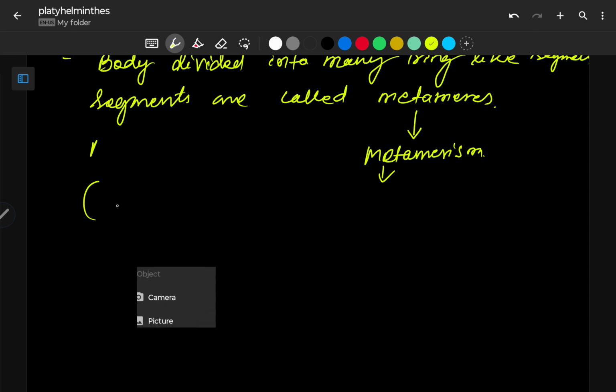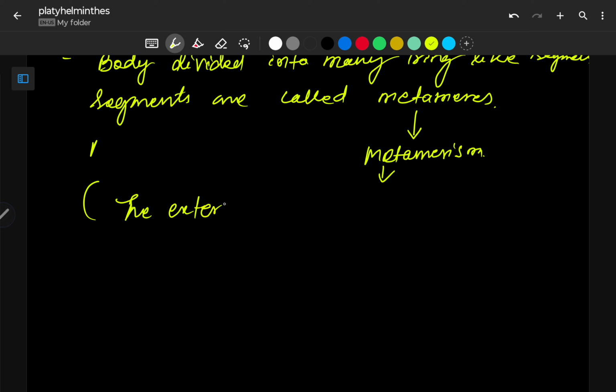Metamerism means the external segmentation corresponds to internal segmentation.